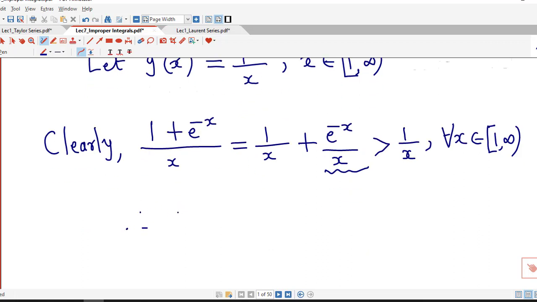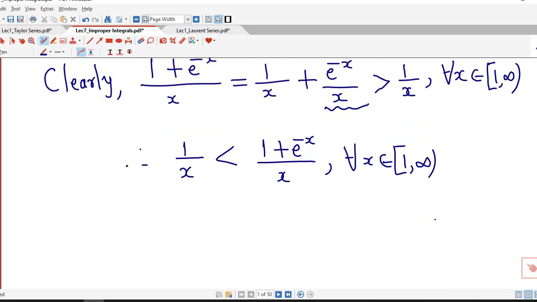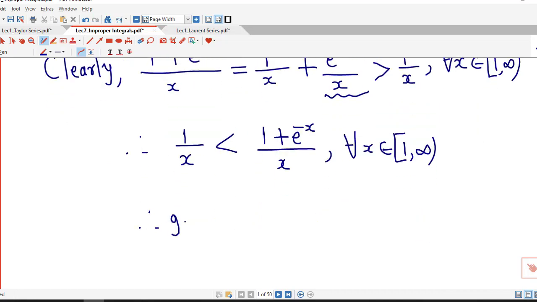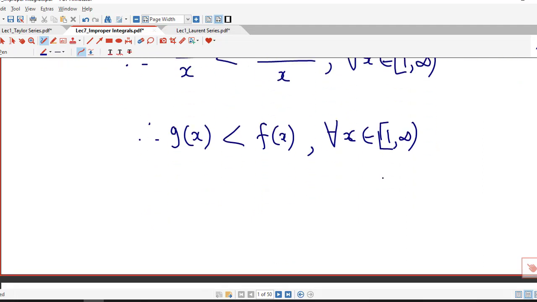Therefore 1 by x is less than (1 plus e raised to minus x) over x for every x in the interval 1 to infinity, and 1 by x is nothing but gx. So we obtain that gx is less than fx for every value of x in the interval of integration.